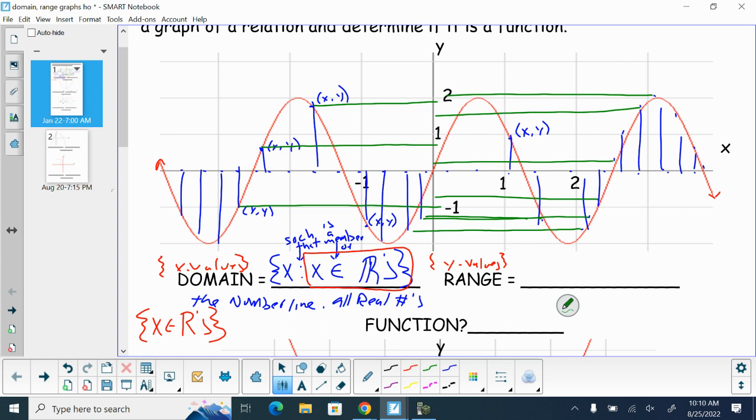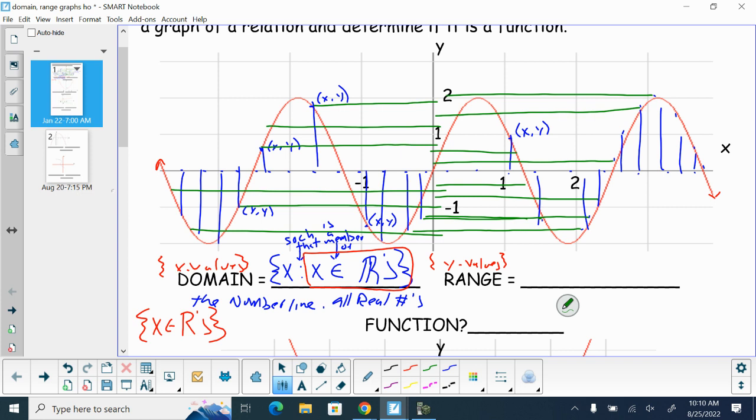Well, verbally, just a description, how can we classify the y values that are in all these ordered pairs? This ordered pair, this ordered pair, all these ordered pairs. How can I describe my y values here?